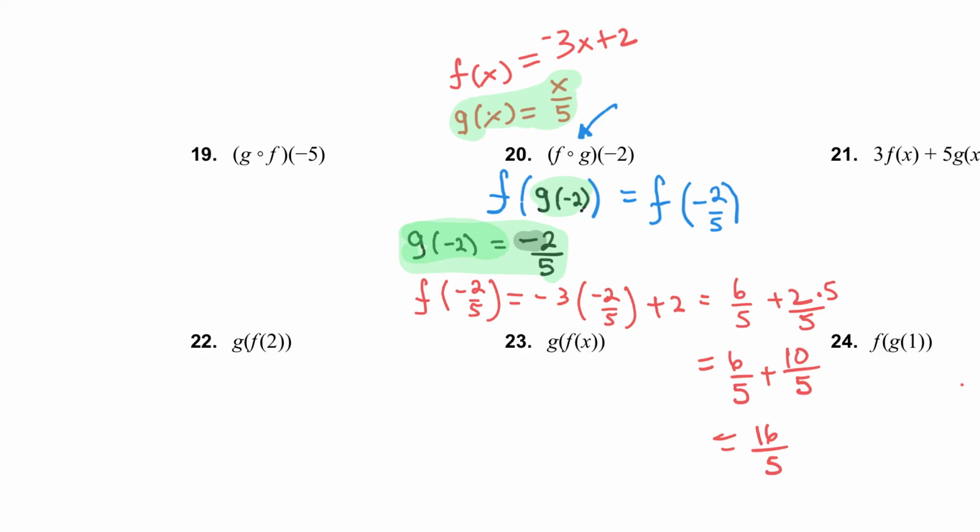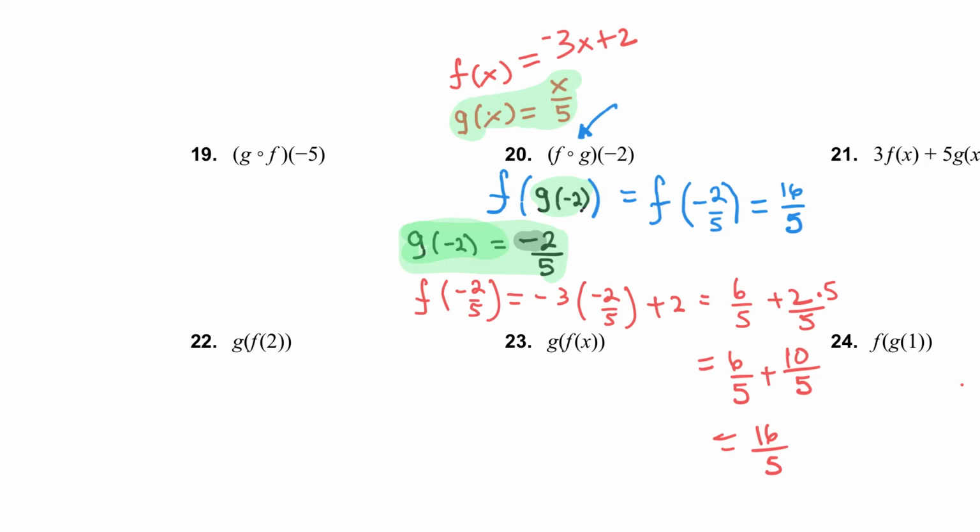So the final output for F of G of -2 is going to be 16/5. So remember that our output for G of -2 was -2/5.